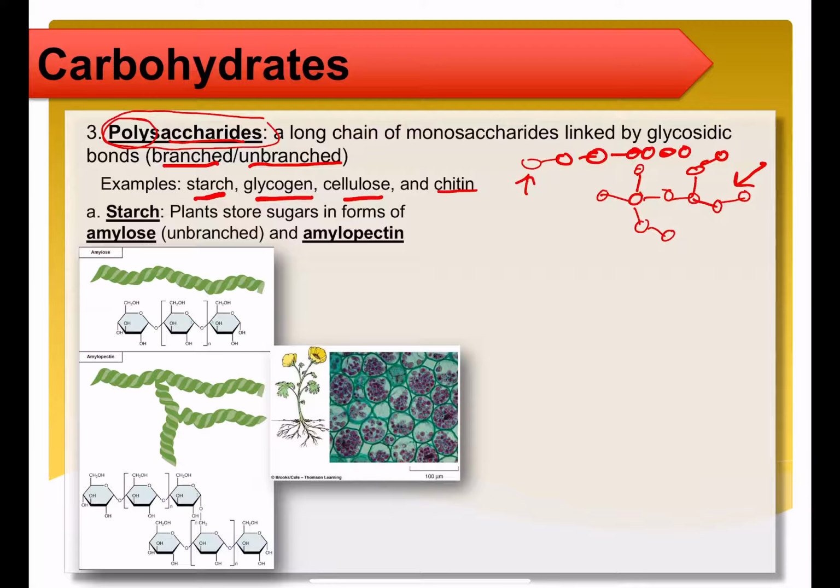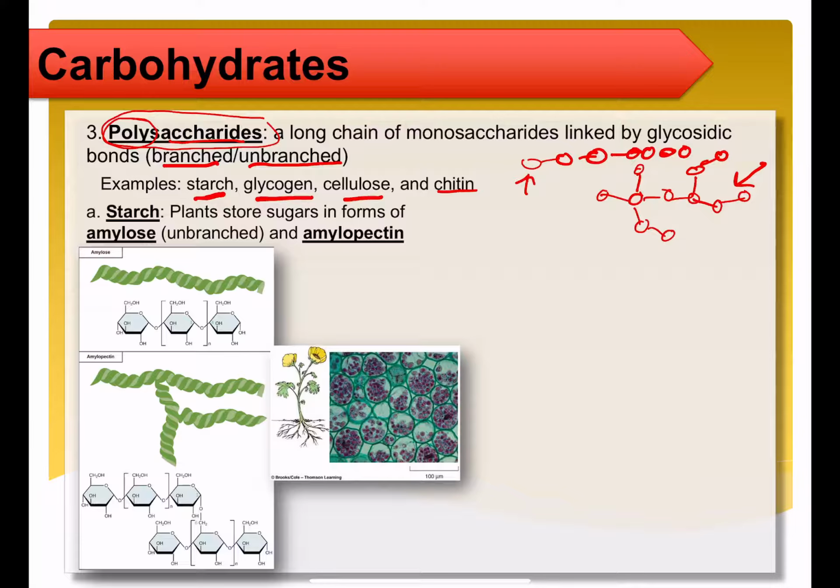Starch from plants is how they store sugar molecules in their cells, because plants make sugar to supply themselves with energy, and we humans as consumers can eat these plant products, such as fruit, with all those starches, and we get energy from them too. So plants make their own sugar molecules, and they have a way to store them.